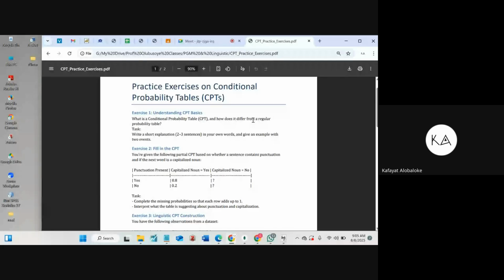But before we move to examples of such sentences, the task here is to complete the missing probabilities so that each row adds up to 1. By now, you know that the rule of conditional probability tables is that the sum in a row must equal 1, just like a probability must not be greater than 1 and not less than 0. Now, since in this case capitalized noun can only be yes or no in each case of punctuation presence or not.